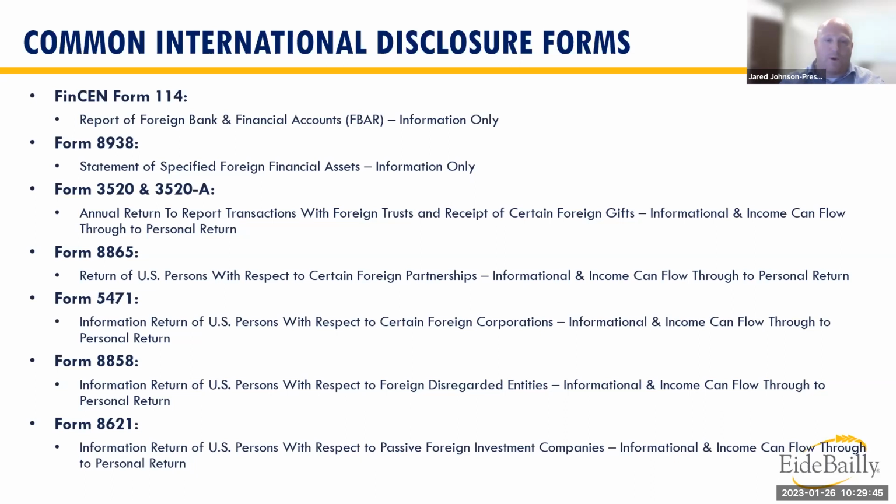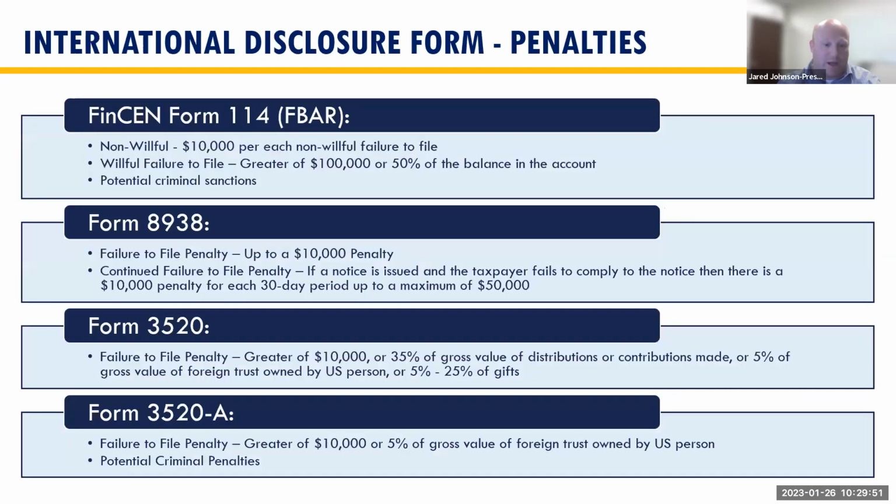The reason why these forms are also important, other than reporting income, is the penalties, captured on the next two slides. Failure to file the FBAR forms is a $10,000 penalty for each failure to file, and if they feel you're willful, that could be $100,000 or 50% of the balance.